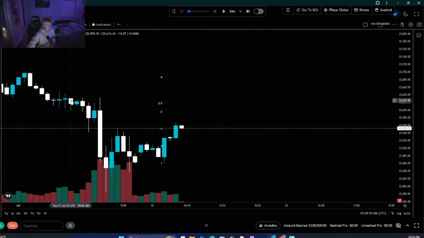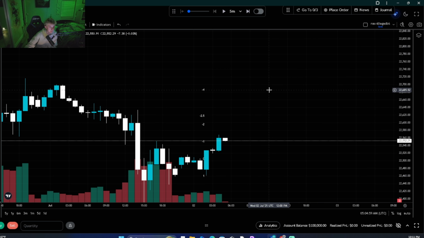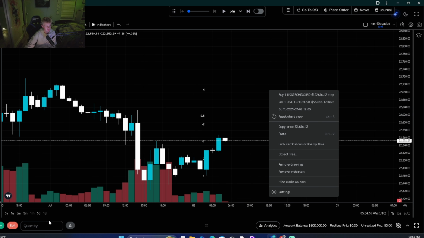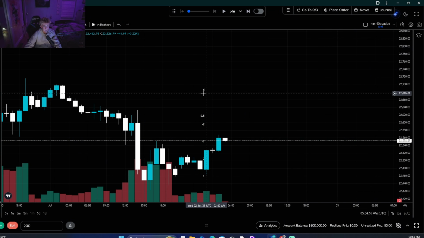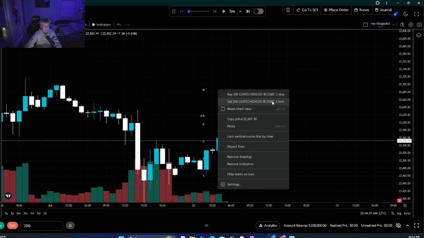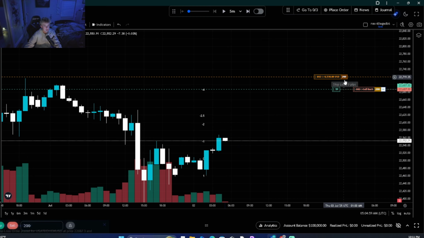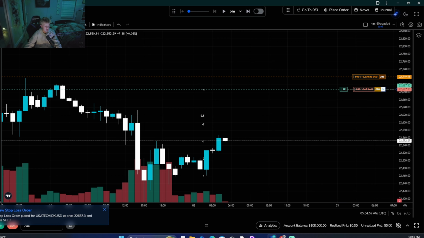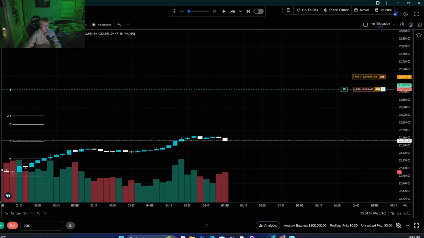And we'll go to the 1 hour, see if we see anything. We do have an order block right here. We'll use the 4 here, and we'll just set a limit. I'll just do 200. This obviously is not what I would usually do, but we'll set a limit for 200. Stop above these highs. Then I'm not going to set my take profit yet, but we'll see what happens.